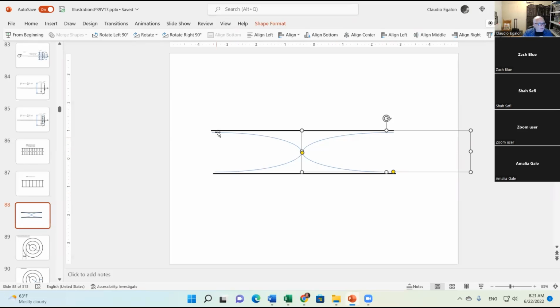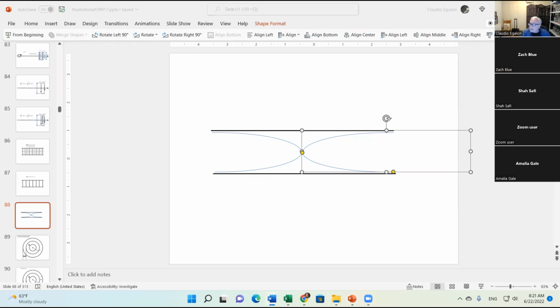We always have constructive interference here and destructive interference here with a node right here at this spot. That's one possible mode that we are going to get.